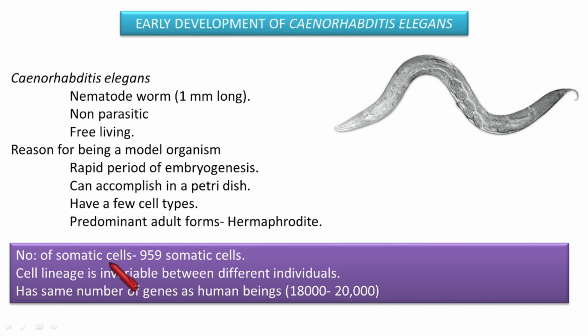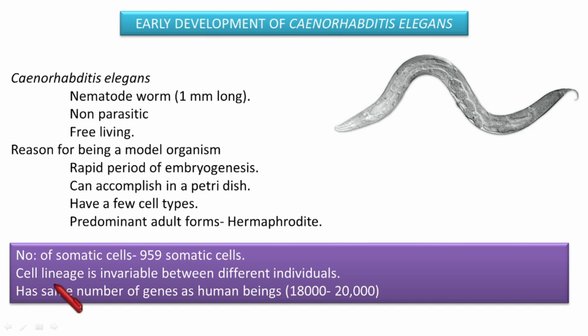Some more interesting points are here. The number of somatic cells in this organism is around 959. And the cell lineage is invariable between different individuals. What is cell lineage? Cell lineage is the history of each different type of cell, the pathway through which it attains its final state.